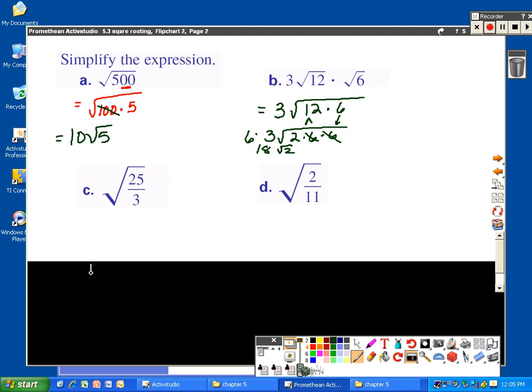Here is a fraction under the radical. So I would split this into a radical of the numerator over a radical of the denominator. So this becomes the square root of 25 over the square root of 3. The square root of 25 is 5 divided by the square root of 3. Can you have a radical in the denominator?